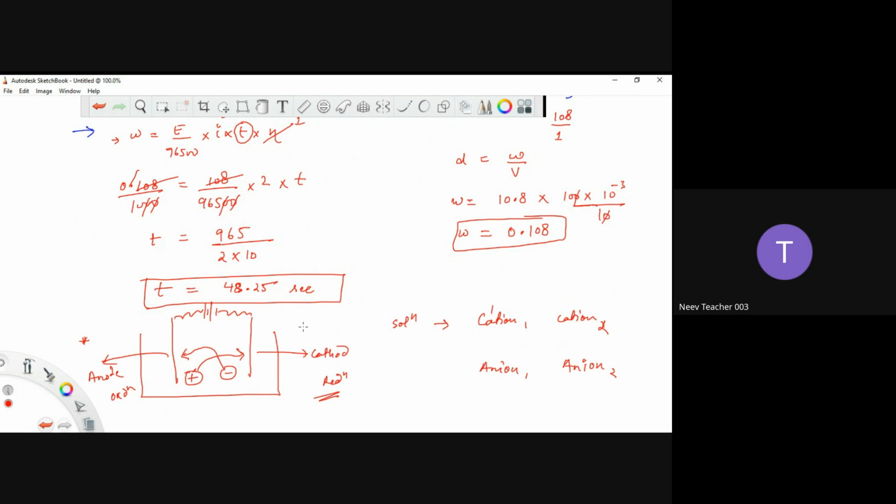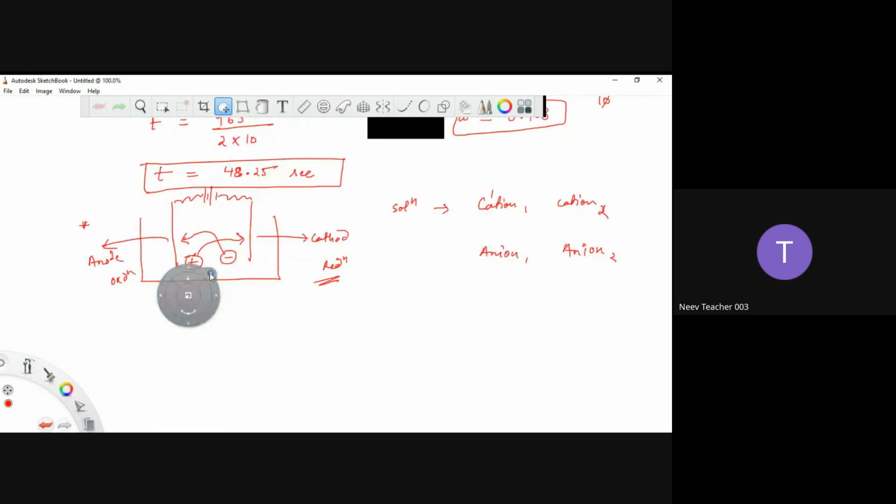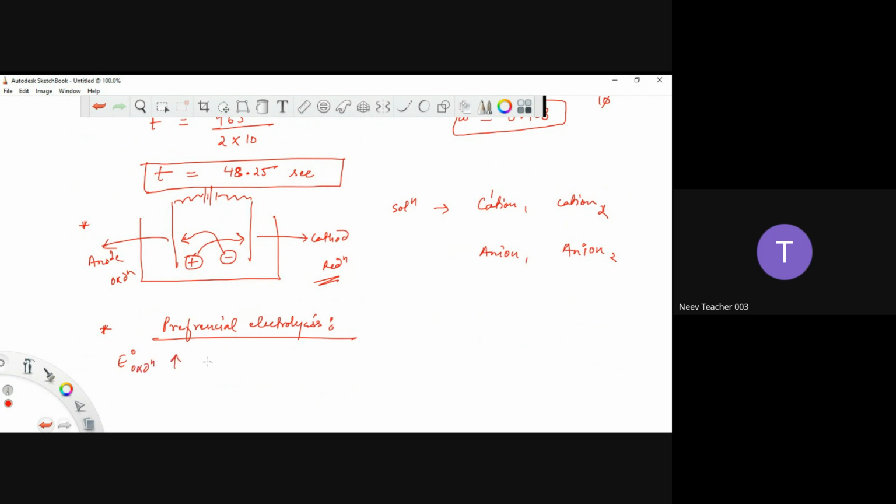How are we going to decide? This is basically preferential deposition, or preferential electrolysis. The basic funda is that at the anode oxidation is happening. So if the oxidation potential is more, then deposition is more.